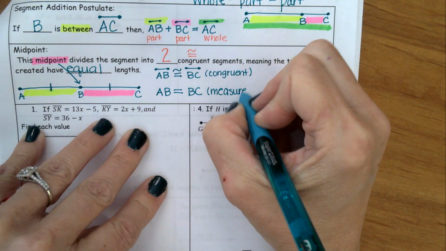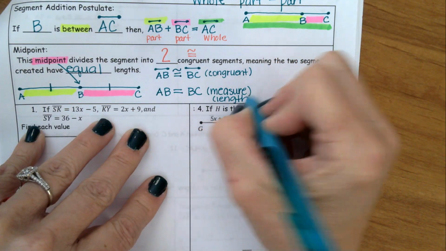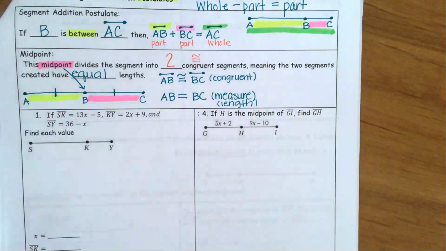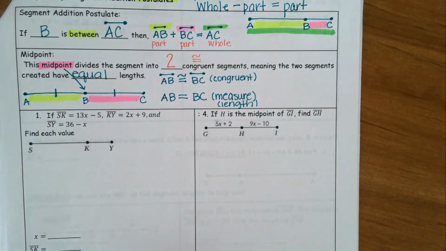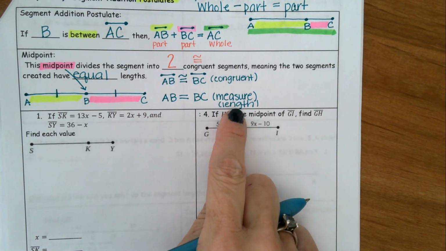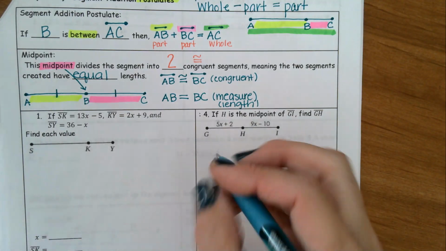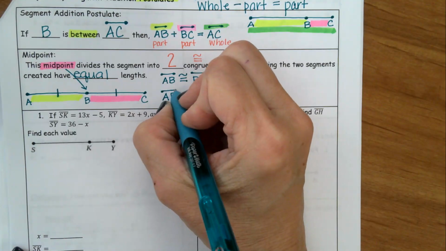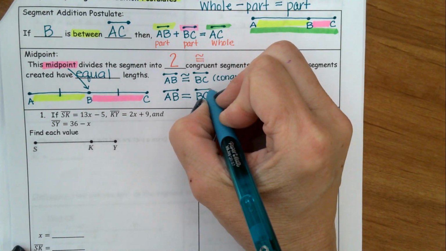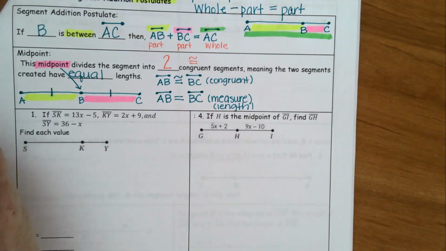Measure the length. So really and truly, we don't put the symbol on top when we're talking about the length. However, if you need to do this so that you don't forget what you're talking about, I'll let that slide. Just know that you don't always see that when you're talking about the numbers.